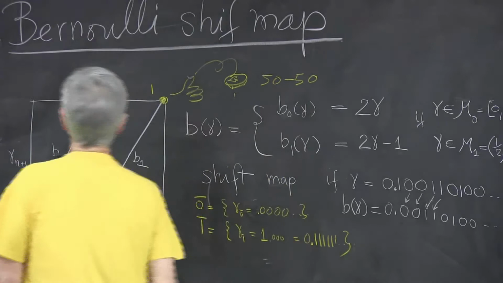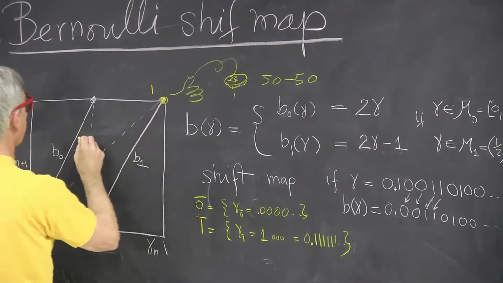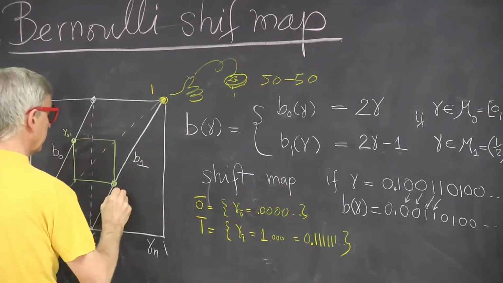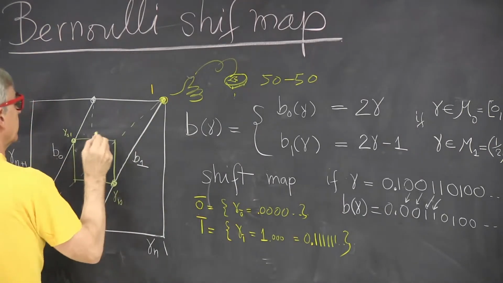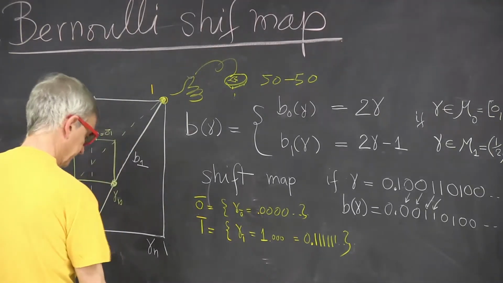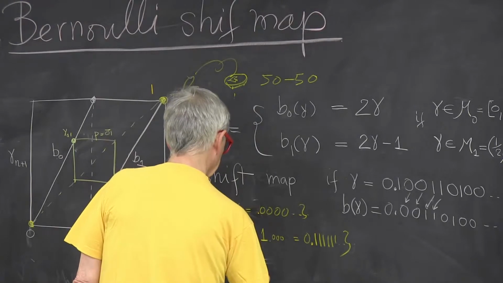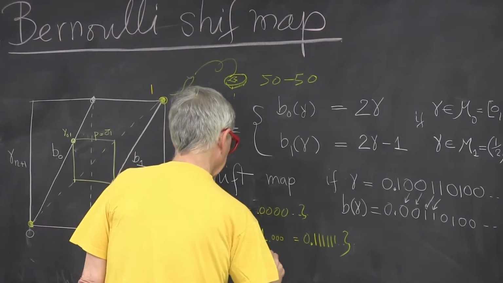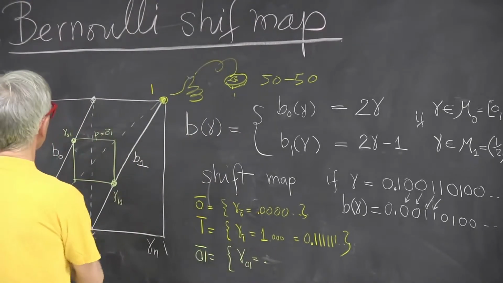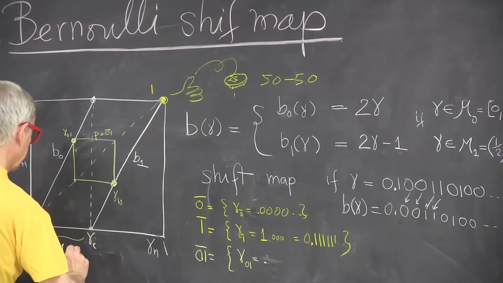There is clearly a cycle of length 2. Let's call this point gamma 01, and let's call this point gamma 10. So this is P equals 01, that consists of 2 points. Gamma 01 is a point that starts on the left, which is our partition 0.